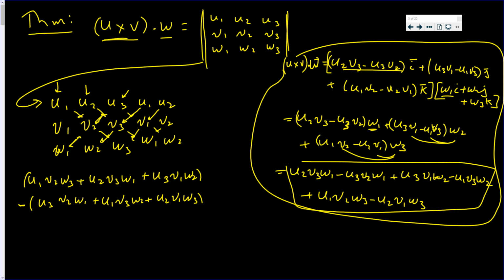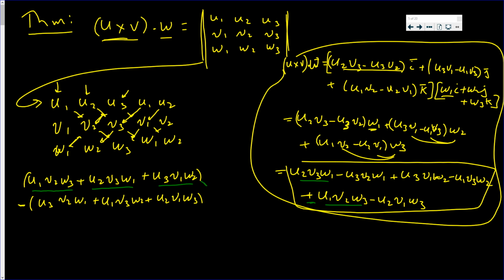The question is whether or not these are equal. Well, this has U1 V2 W3. This one has it right here, and we are adding it. This has plus U2 V3 W1, that's right there, plus U3 V1 W2.